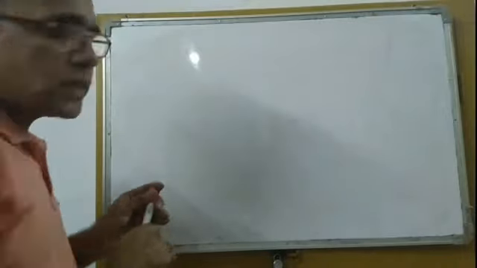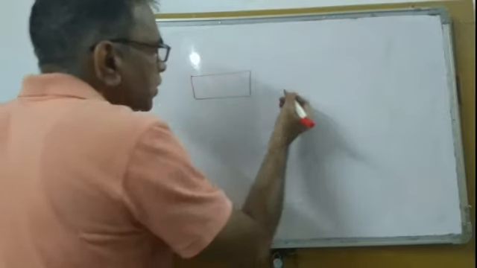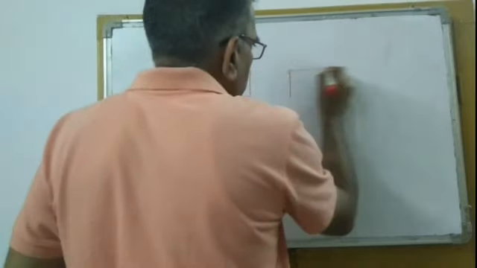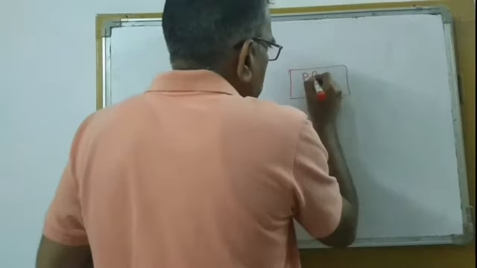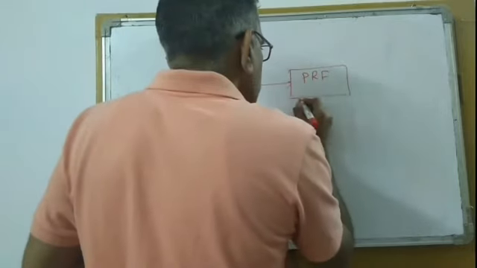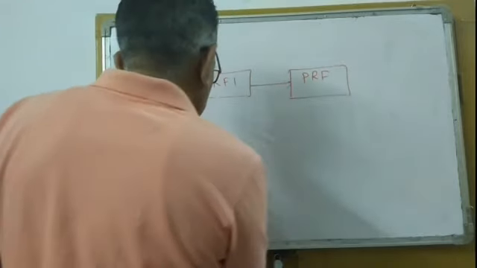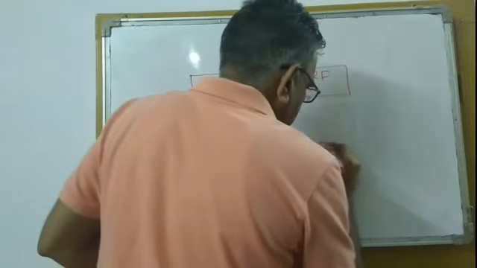That I am going to discuss in this part. So basically here we are using two pseudo random functions, PRF1 and PRF2. These two in turn will help us to generate the required key that is needed for communication.